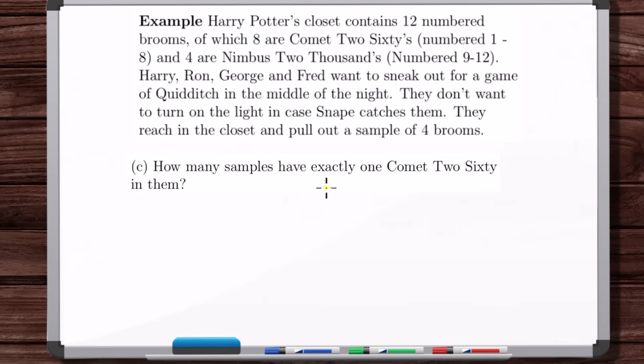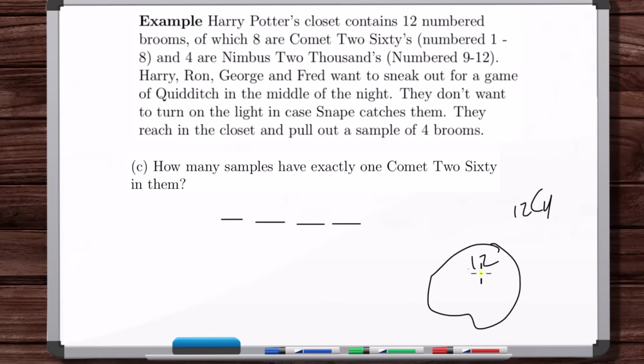How many samples have exactly 1 Comet 260 in them? We're choosing from 12. We're ignoring all the cases where we don't choose a Comet 260 or we choose more than 1 Comet 260. All of the 12 choose 4 cases where we choose more than 1 Comet 260 or don't choose a Comet 260, we're ignoring those cases.